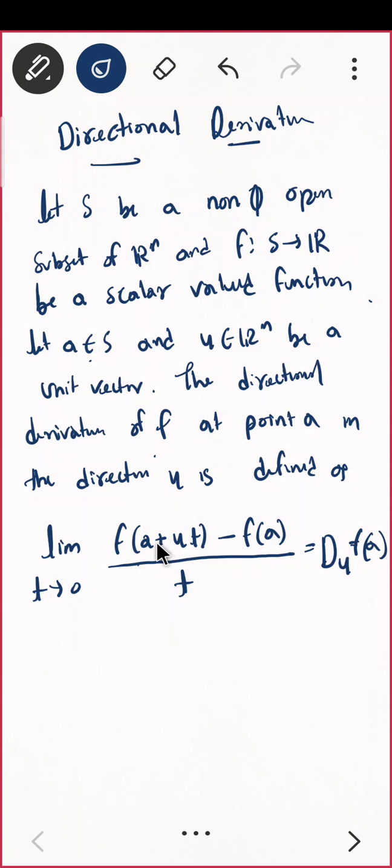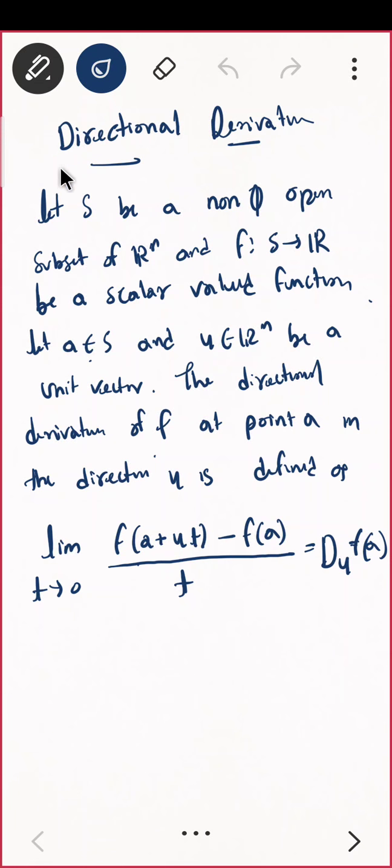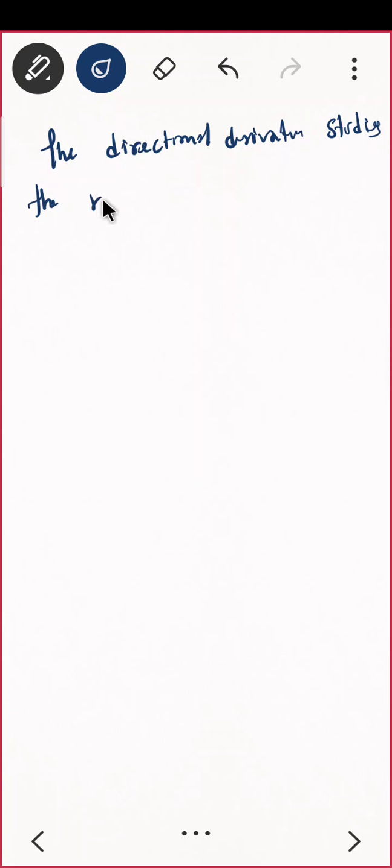So if you want to see some real life example, then let us write that also. What does directional derivative do? The directional derivative studies the rate of change.